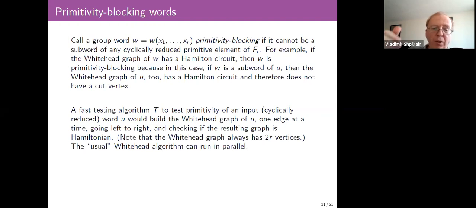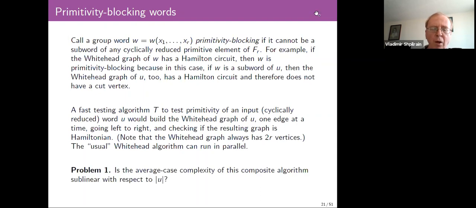At the same time, the usual Whitehead algorithm with Whitehead reductions and so on can be run in parallel. And this usual or honest Whitehead algorithm, I think it runs in time n log n, where n is the length of the word U. So you run these two algorithms in parallel.